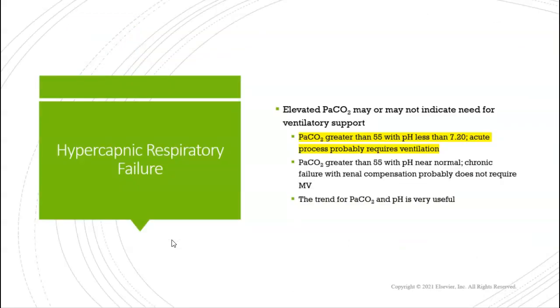Okay, so that hypercapnic respiratory failure, this is that elevated CO2, may or may not indicate the need for ventilatory support because of those COPD patients or those chronic patients. So CO2 of greater than 55 with a pH less than 7.2 is an indication for ventilation. If the CO2 is greater than 55 with a pH near normal, that usually means that we're not going to be providing any mechanical ventilation because the patient lives there.